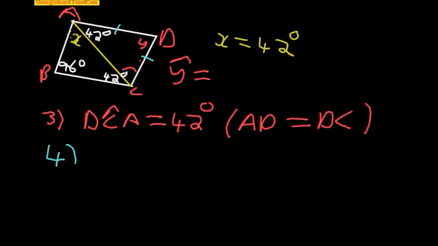So just as in triangle ABC, we had two angles that were 42 degrees, in triangle ACD we also have two angles that are 42 degrees. Therefore there's no other possibility than that angle y is also 96 degrees, because in any triangle the sum of the angles should add up to 180 degrees.